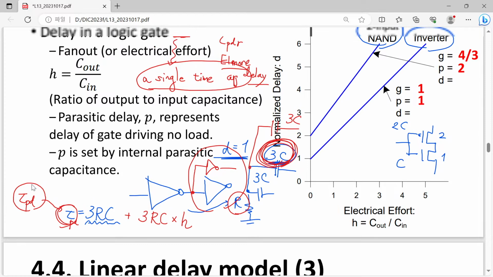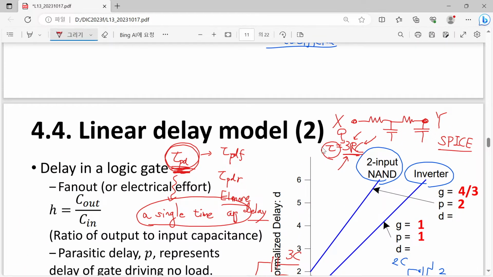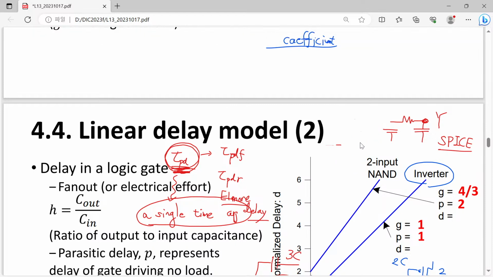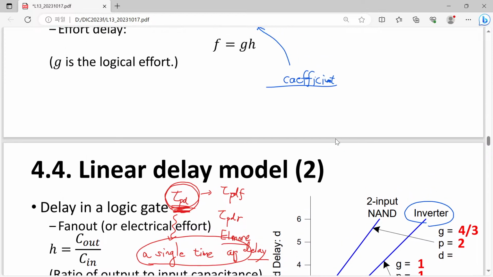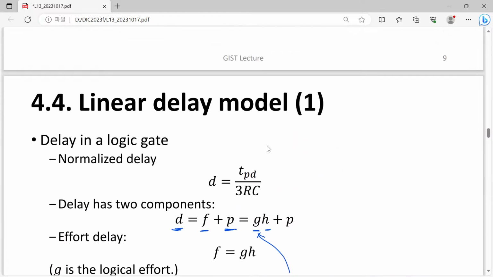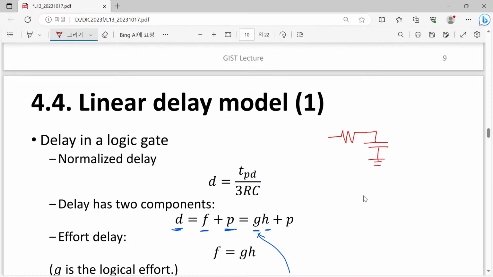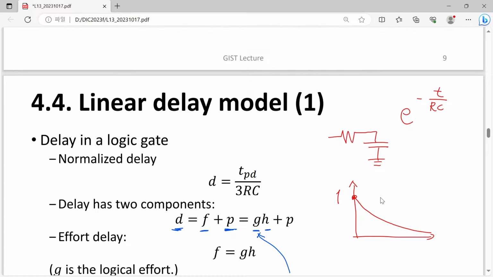The difference between these two can be easily understood. Even when we consider the simplest RC circuit, the exact answer would be e to the minus t over RC, starting from, for example, a normalized constant 1, and it takes some time to diminish.